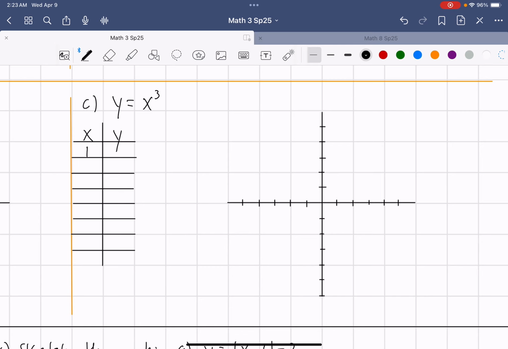So 1 cubed, meaning 1 times 1 times 1 is going to be 1. And plug in 2. 2 cubed is going to be 8. 3 cubed is 27. We got our 0 zeros.